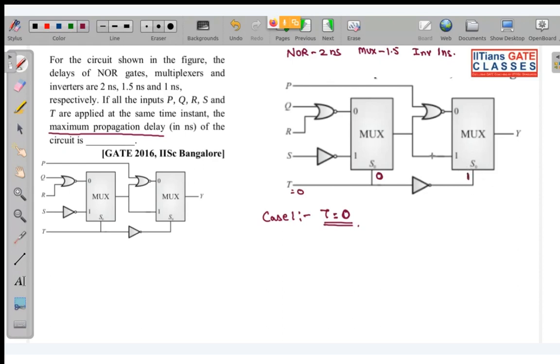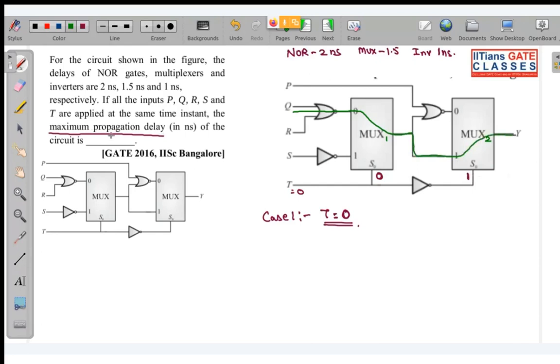So what will be the path of my input to output? As S0 is 0 in this mux 1, and let me assume this is mux 2, in mux 1 the selection line is 0, so this will be selected. So we have reached over here. Now you can see S0 is 1 over here, so this path is going to be selected.